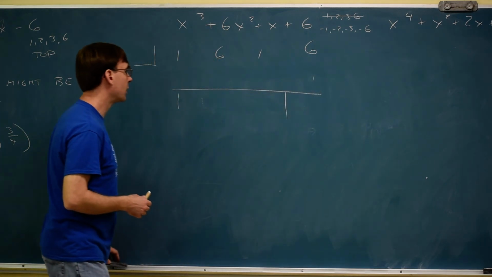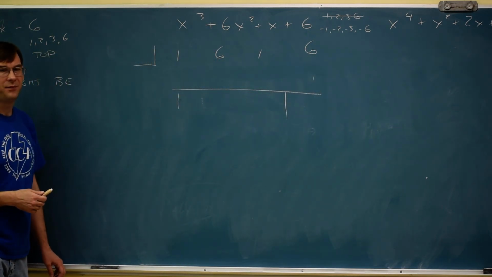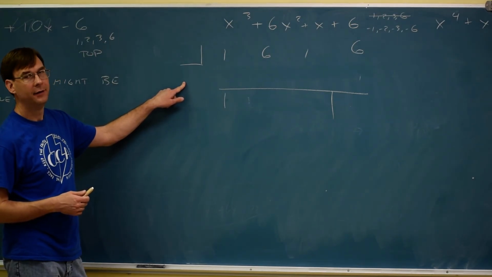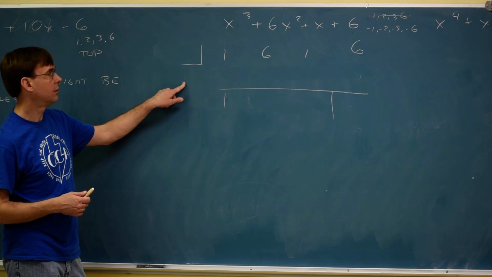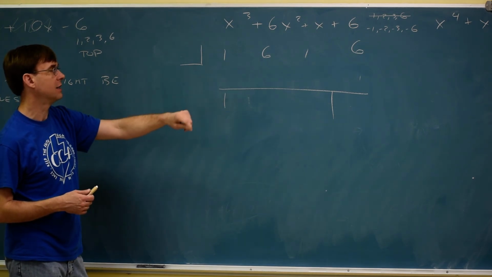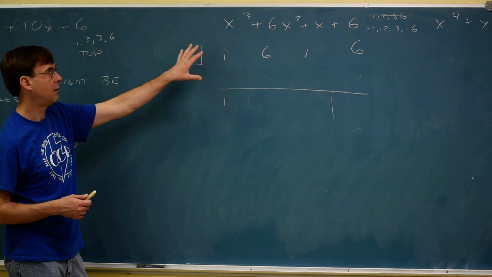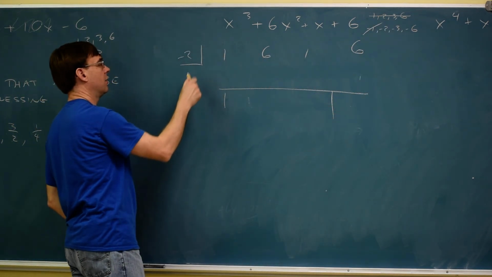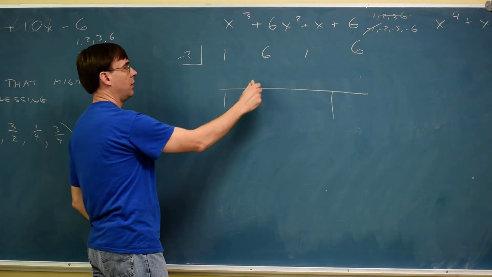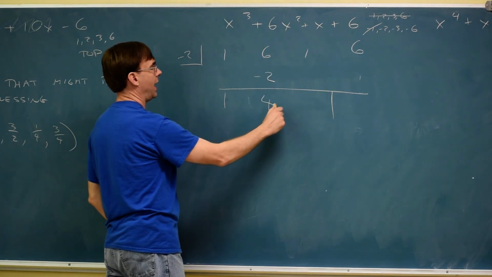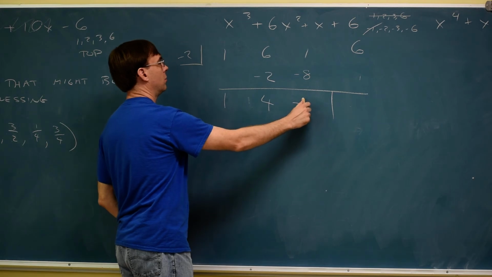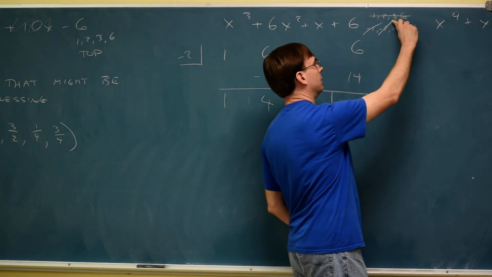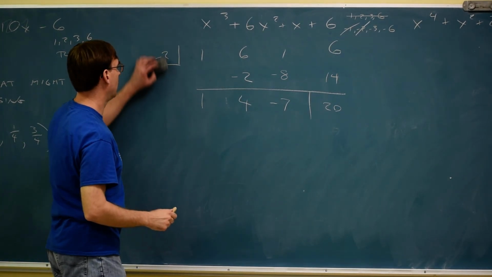scratch these. On your homework, it might not be a bad idea for you to write what I'm showing in pen, do the rest of it in pencil, and when something fails, you just erase it and don't have to rewrite the thing that's already up there. -1's out. -2 could be a try, so we draw, times -2, add, times -2, add, times -2, no, start again.